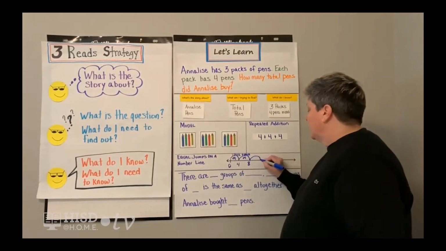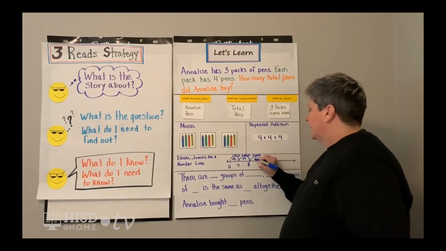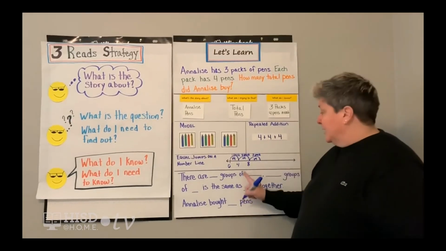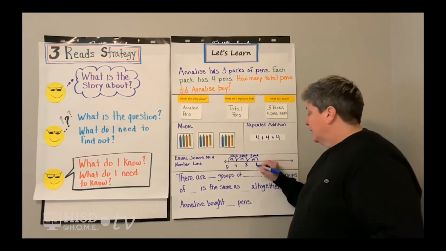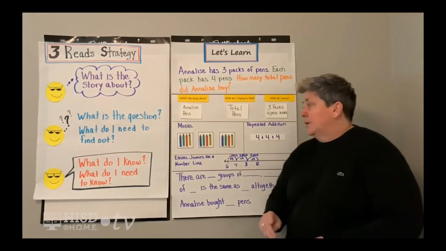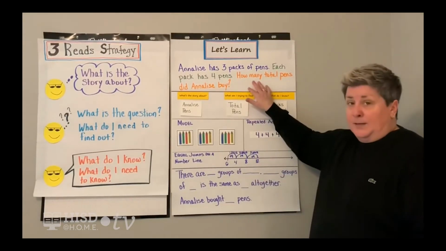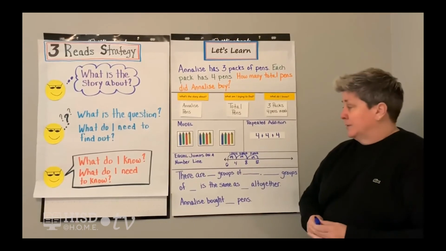She has 1 more pack. So this is the third pack. And it has 4. And so we can use repeated addition again. 8 and 4 is the same as 12. So I know right now that Annalise bought how many pens? She bought a total of 12 pens.